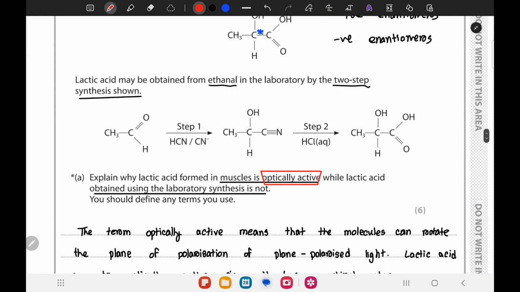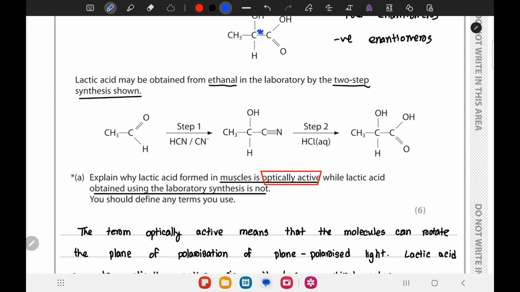Now, if I look at the mechanism for this first step, this CN minus can attack this carbon over here from this side or from this side. So it can be attacked from either the top or the bottom with equal probability, since this is a planar shape. So we can draw this shape in a single plane, and the CN minus nucleophile can attack it from outside into the page.